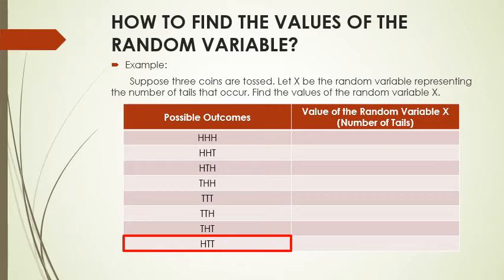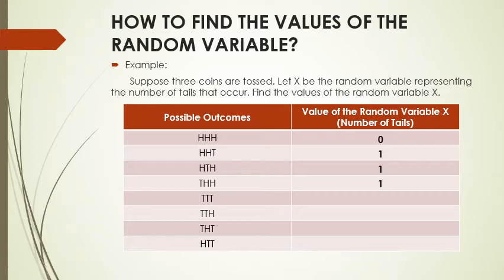Next, we identify the number of tails in each possible outcome. First, the possible outcome is all heads, therefore the number of tails is 0. Next, head, head, tail, so we have one tail, 1. Next is also 1, then 1.